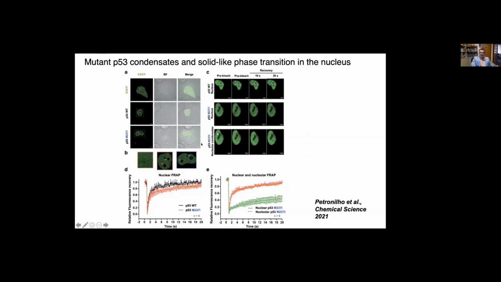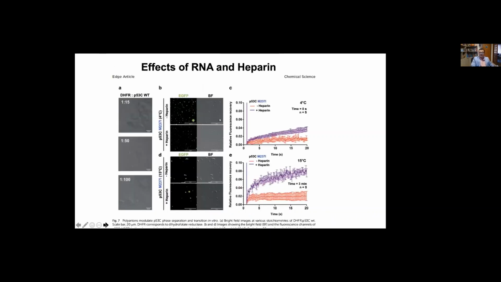But when they are in some nuclear bodies, especially in the nucleolus, the M237I recovers much less. So probably it is there that, eventually, having this gain of function effect, maybe because of the presence of polyanions, they convert to this aggregated state.